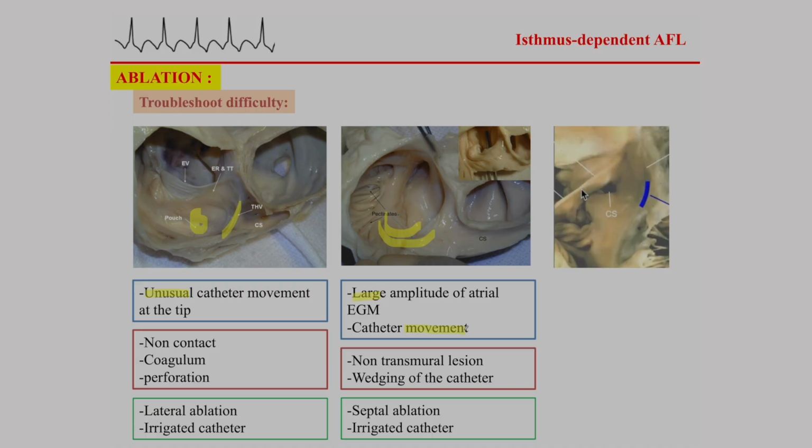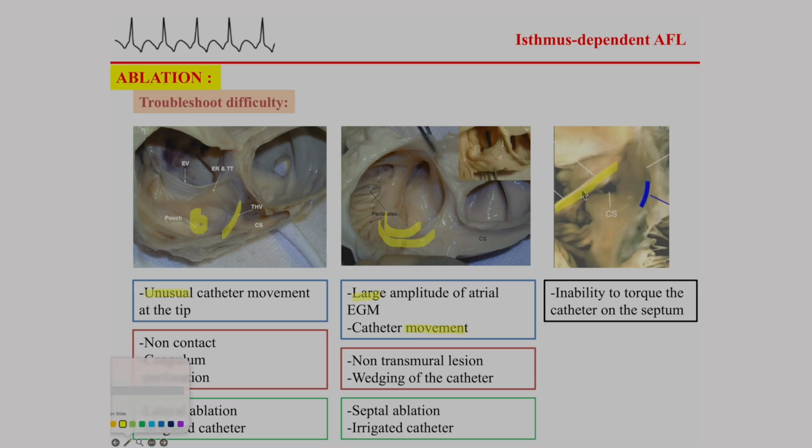The third variety is the prominent eustachian ridge. And this one is very particular, and it could be recognized by the inability of the catheter to reach the septum when we make a clockwise rotation of the catheter. So it's very typical.